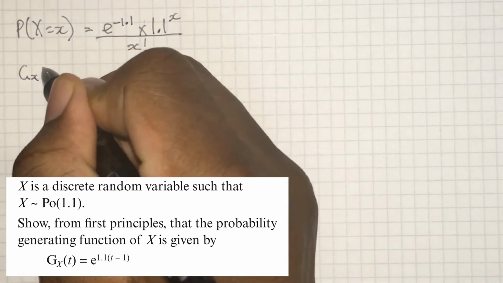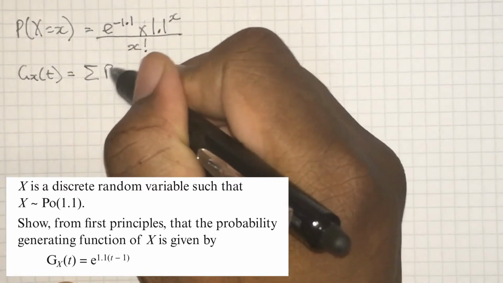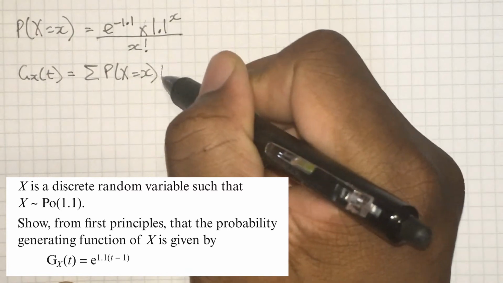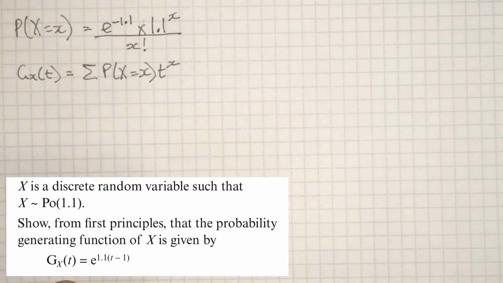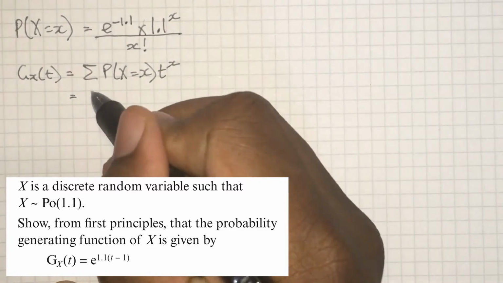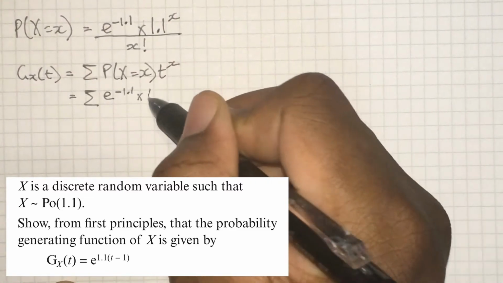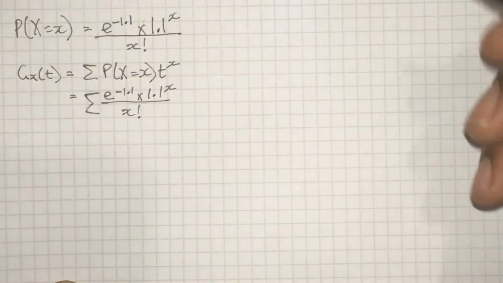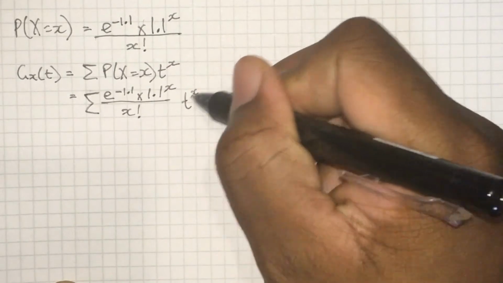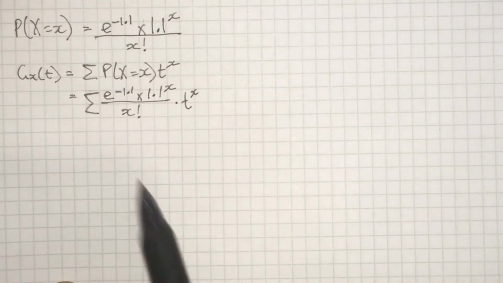And we're going to go back again to the fact that a probability generating function is the sum of the probability multiplied by the dummy variable. So I'll start by substituting in our specific probability statement. So it's the sum of e to the negative 1.1 multiplied by 1.1 to the power of x all over x factorial multiplied by the dummy variable.